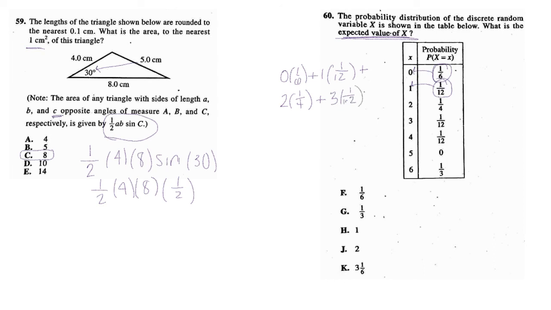This pen's not wanting to write. 4 times 1/12, and 5 times 0, and 6 times 1/3. And whenever you multiply and add up all of that stuff, you're probably going to get, let's see, what should it be? I think you're going to get answer choice K.